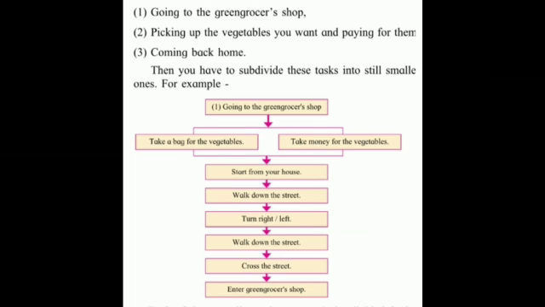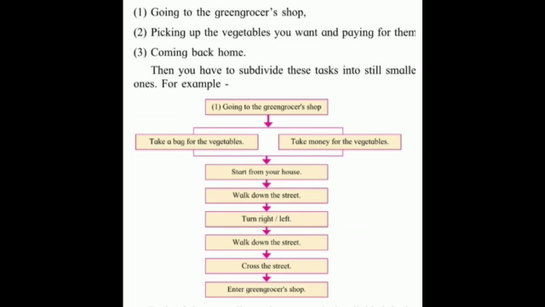Now if we do this the way a computer would, then you have to subdivide this task into still smaller ones. Means in a different way you can complete the task. First step, going to the greengrocer's shop. First, what will you do? Take a bag for the vegetables.